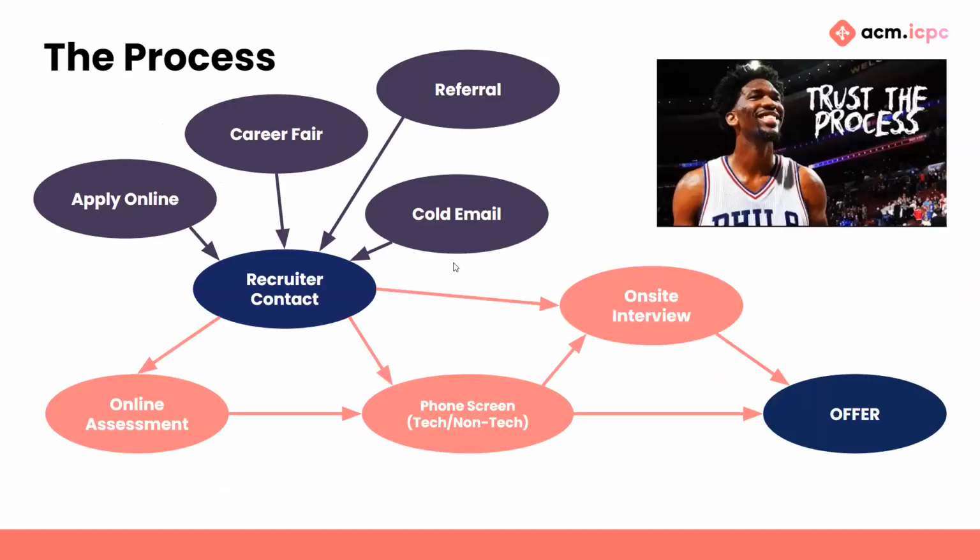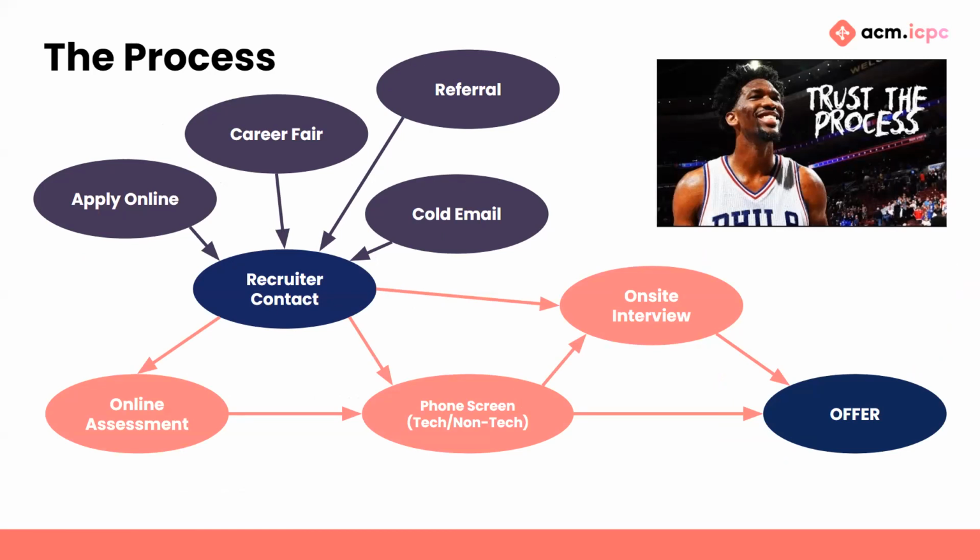The process is typically described in this diagram. There are many different ways to contact the recruiter. You can apply online, you can contact them through referrals, for example connections, or you can just find their contact online and email them.